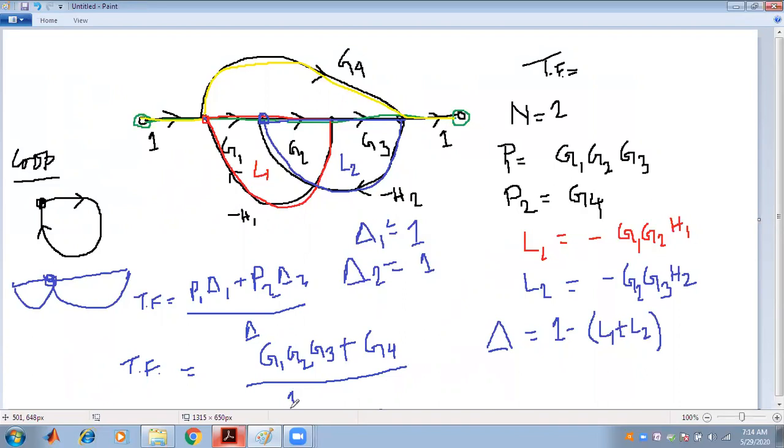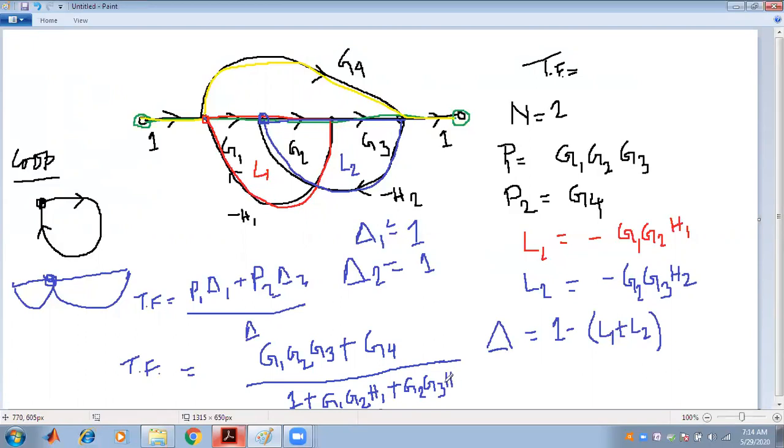So 1 minus L1 means plus G1, G2, H1, plus L2, that is G2, G3 and H2.